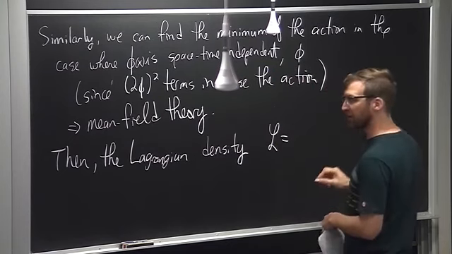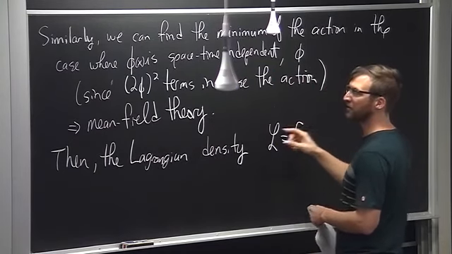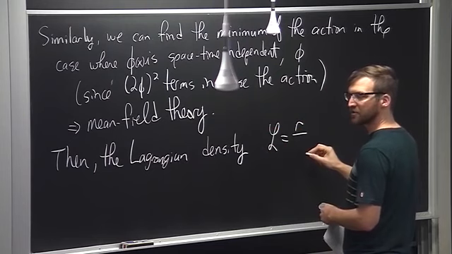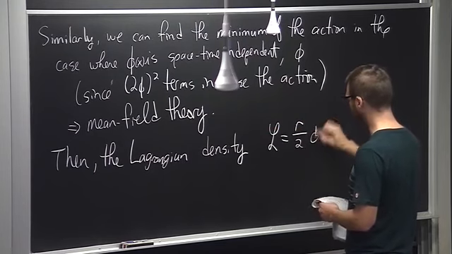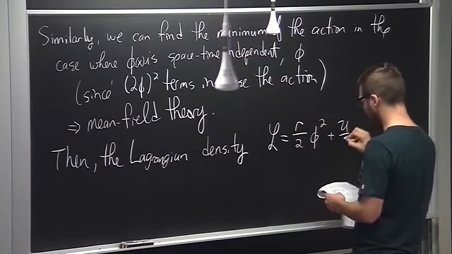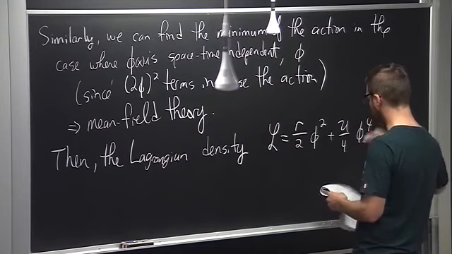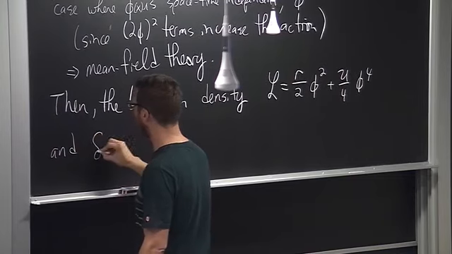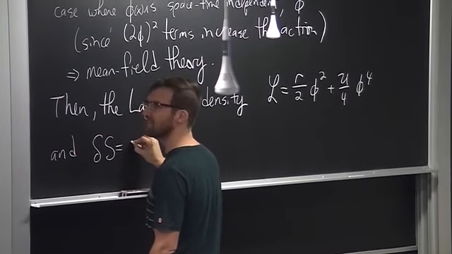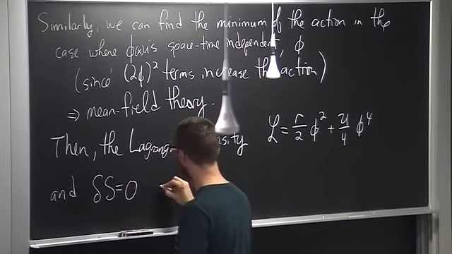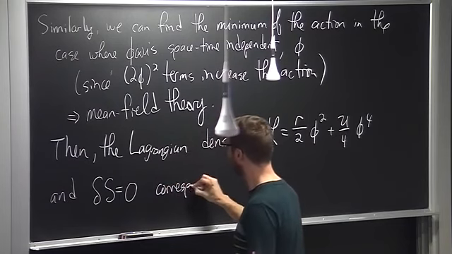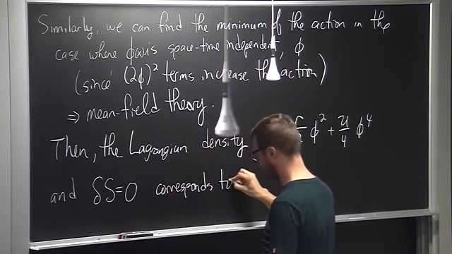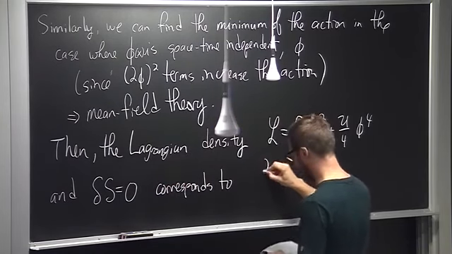So what is this thing? In the case where we don't have any spatial variations, it's just r over 2 phi squared plus u over 4 phi to the fourth. Taking the variation of the action corresponds to the equation.